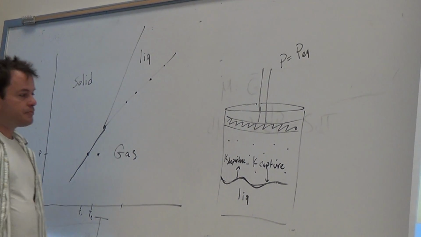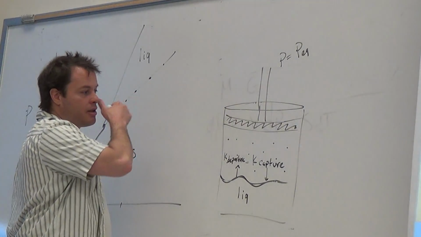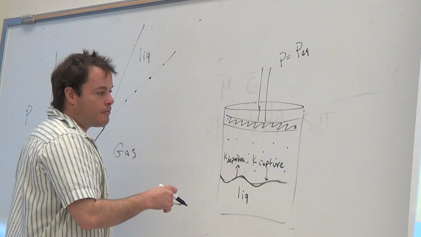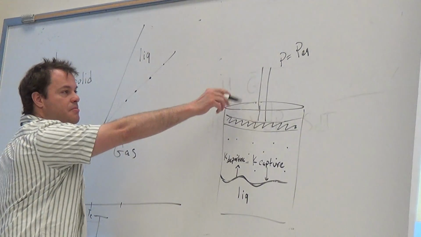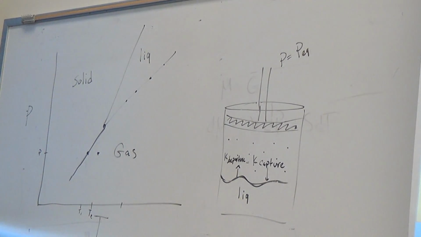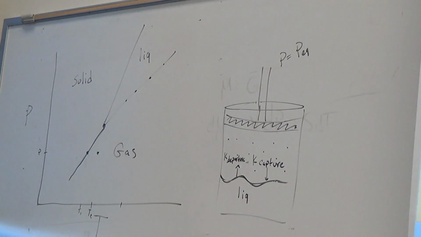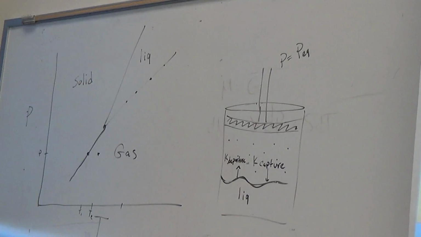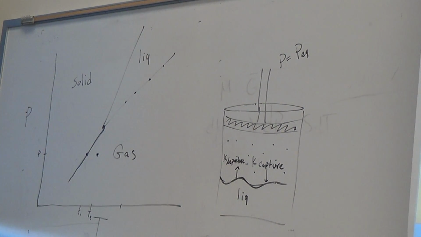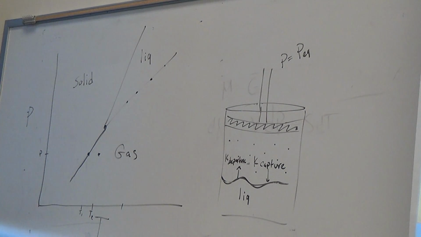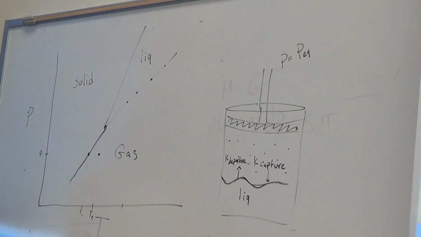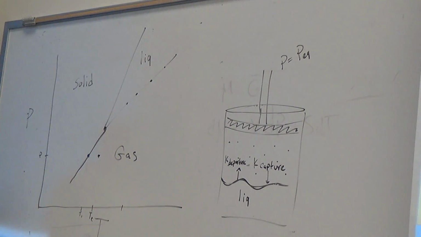So what happens if I push on this piston with some pressure that's greater than the equilibrium vapor pressure of the gas at that temperature? The rate of capture will exceed the rate of departure, and what will happen to the gas phase? It's going to condense. It'll all go to liquid.